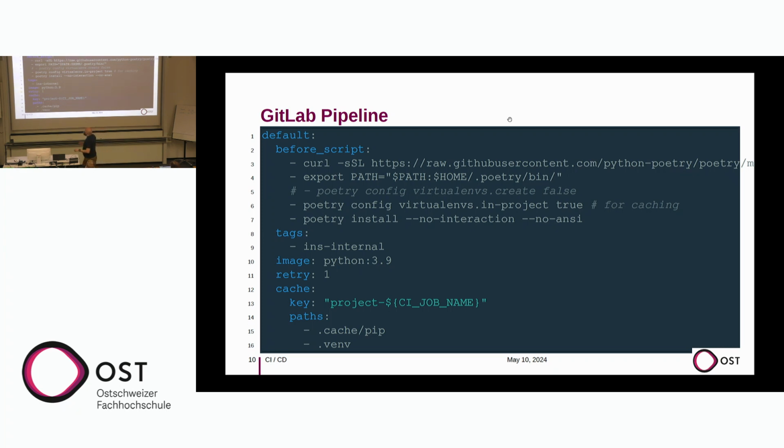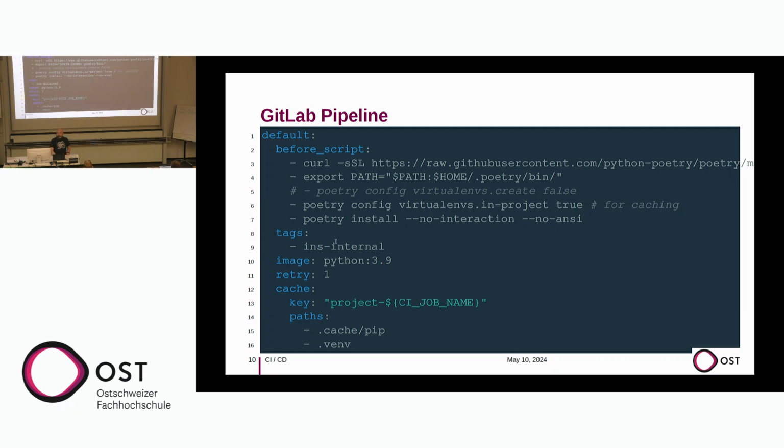So this is a really simple default project for a Python project. Here the tag, as I mentioned, is from an older example. I think the new infrastructure of the institute has Kubernetes here, so ens-kubernetes as a tag.